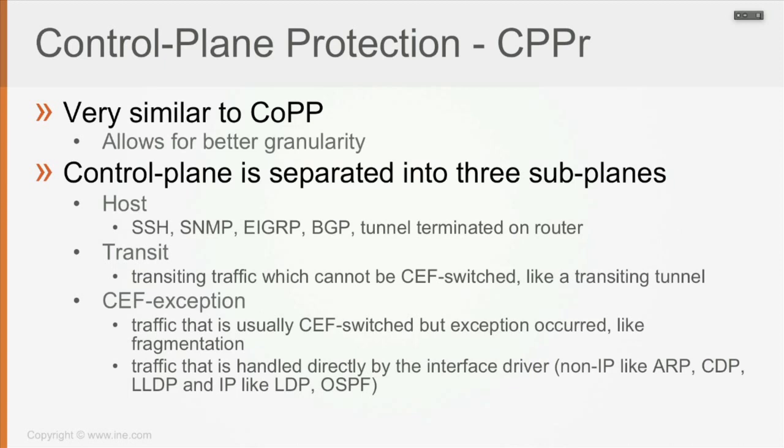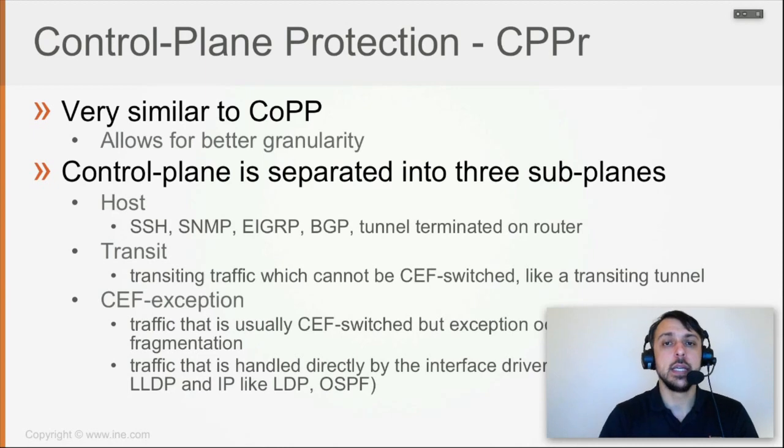So the host subinterface, or subplane, is in charge of protocols like SSH, SNMP, EIGRP, BGP, and any kind of tunnels terminated on the router, like VPN tunnels terminated on the router. Then you have the transit subinterface, or subplane, which is responsible for all transiting traffic, as the name implies, which cannot be CEF switched for whatever reason, like for example a transiting GRE tunnel.